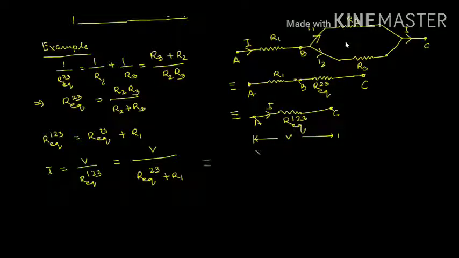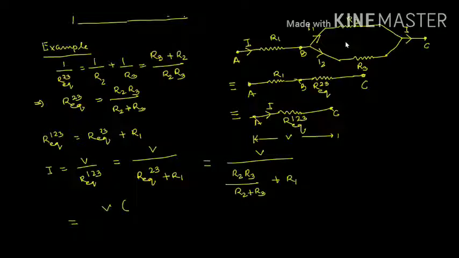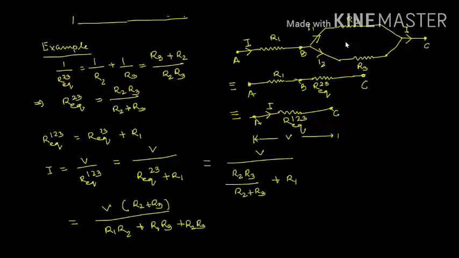This is equal to V by R2 R3 by R2 plus R3, plus R1, that is equal to V into R2 plus R3 by R1 R2 plus R1 R3 plus R2 into R3.